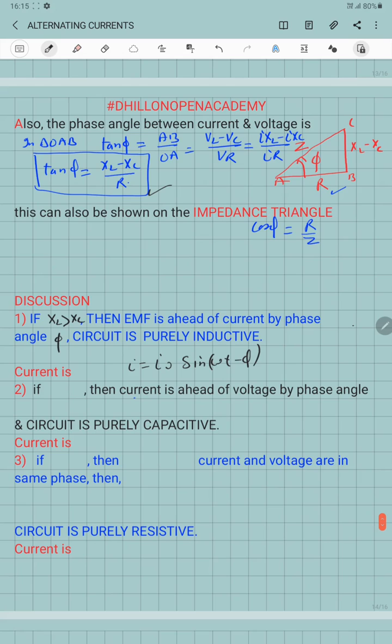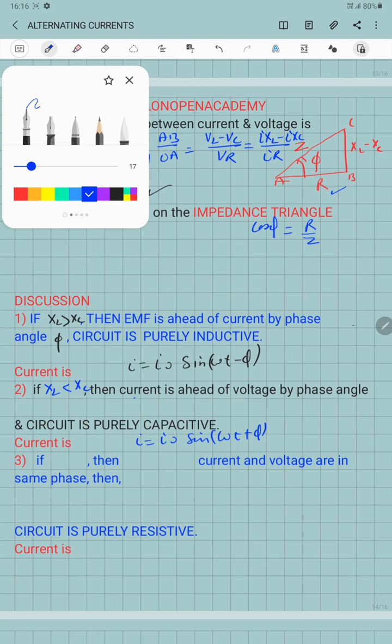But if we go to the opposite side, if we assume that XL is less than XC, then the current will be ahead of the voltage. So in this case, the circuit will behave as a capacitive circuit. And in this case, the current will be I equals I naught sine of omega t plus phi.